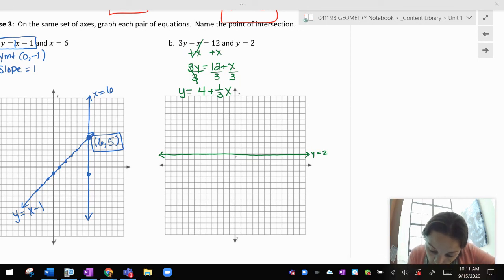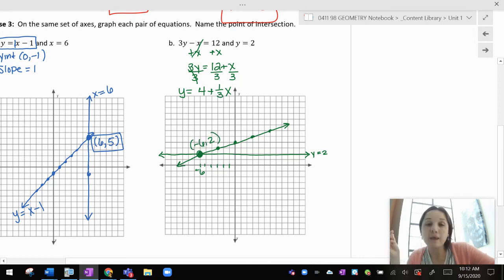Okay, so my y-intercept is 4, and my slope is up 1, right 3, up 1, right 3, or down 1, left 3, down 1, left 3. And now I know exactly where they cross, which is 1, 2, 3, 4, 5, 6, -6, up 2. And that's where they intersect.